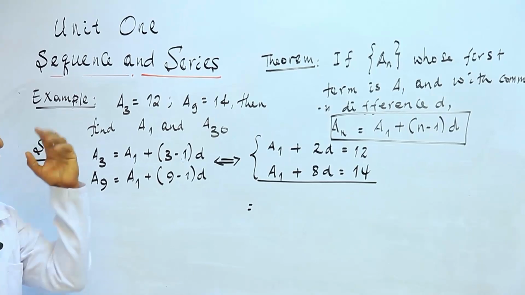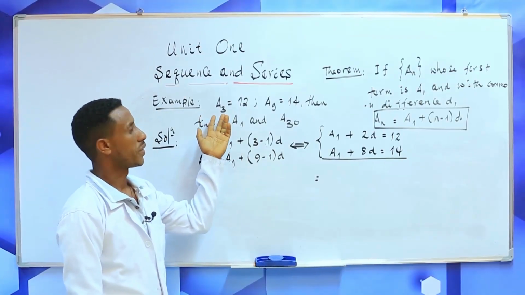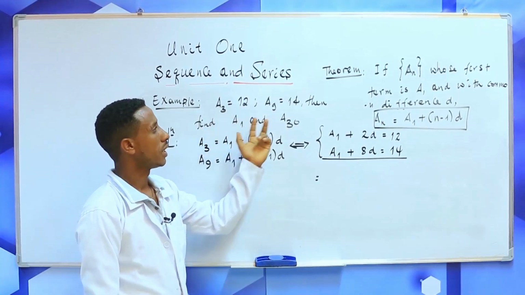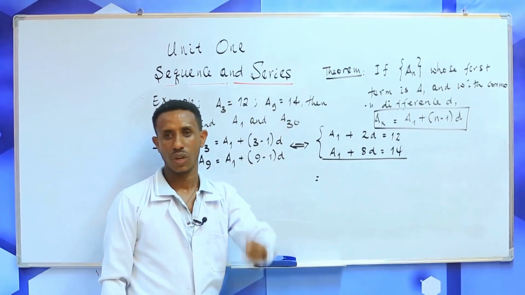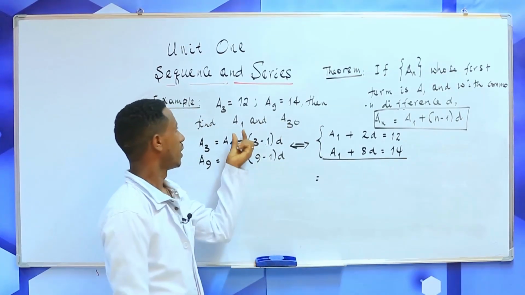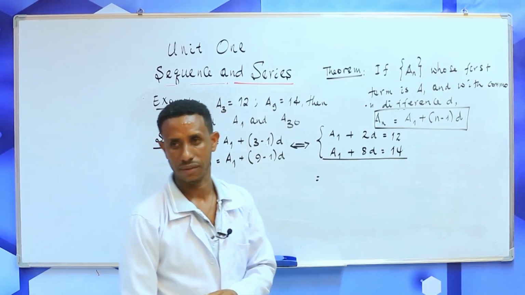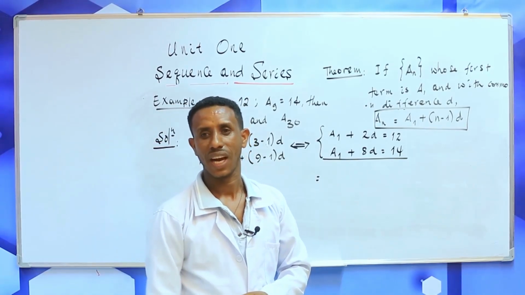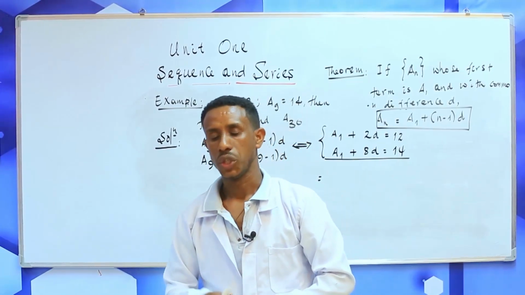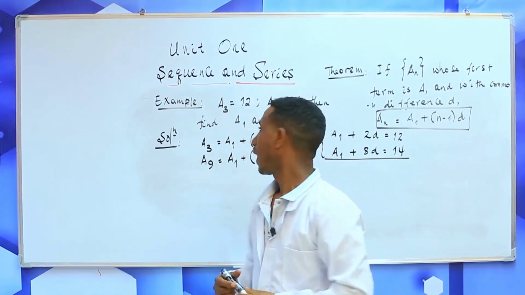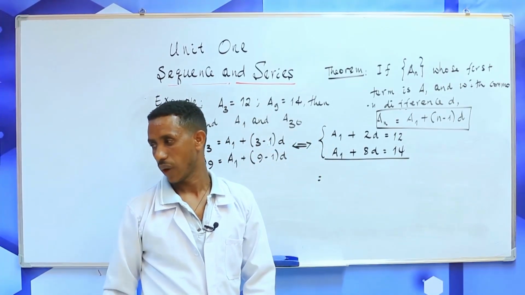Let's have an arithmetic sequence with the third term 12 and the ninth term 14. Then you are asked to find the first term and the 30th term of this sequence. I will show you how to find the first term, and you will solve for the 30th term.